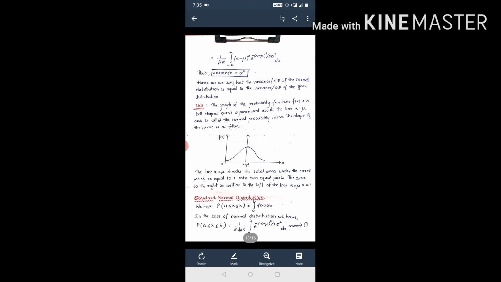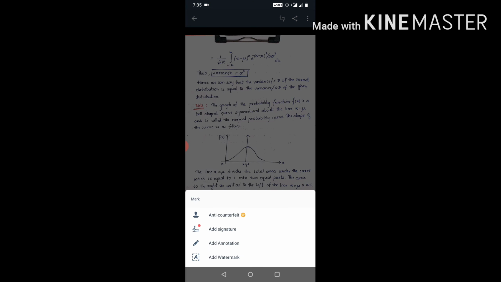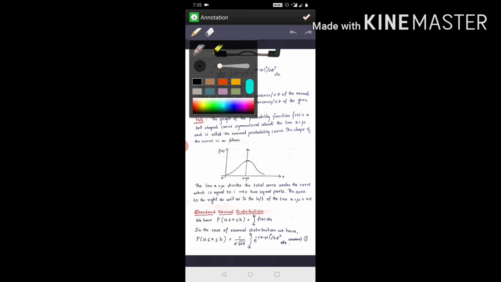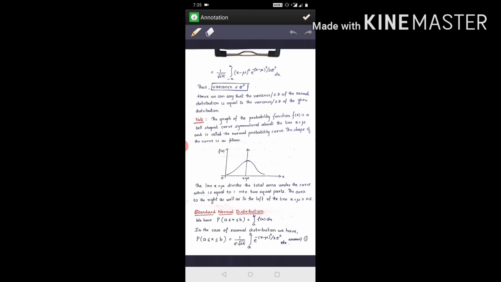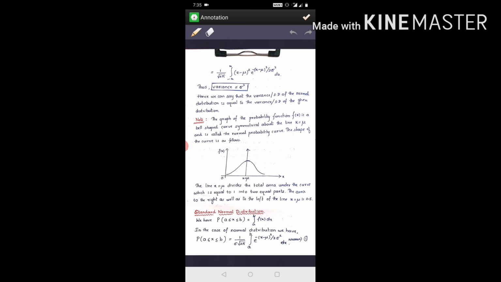Now the graph of this probability function f of x is bell shaped, as in the figure.